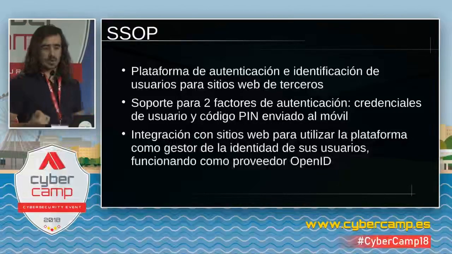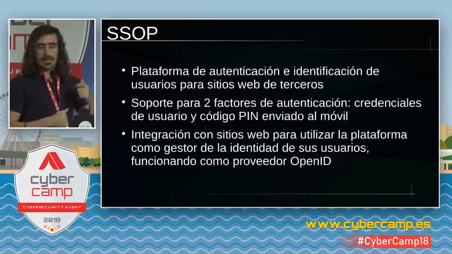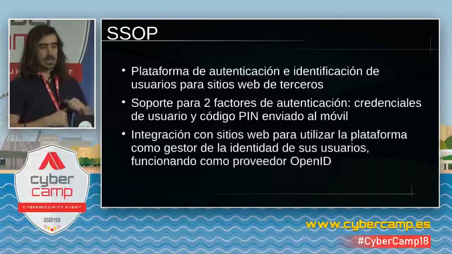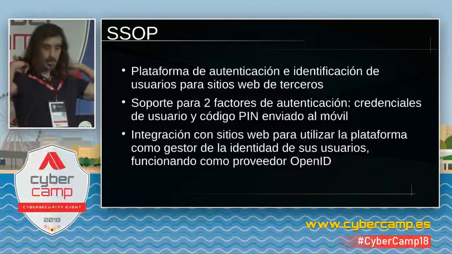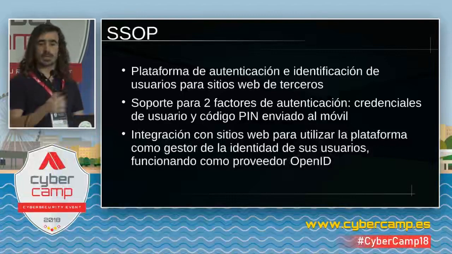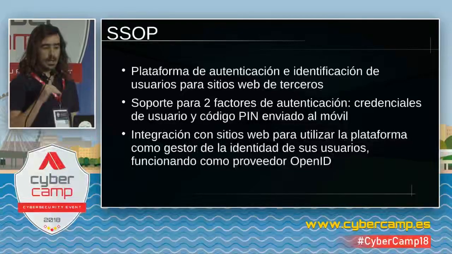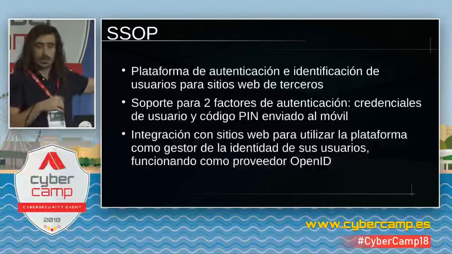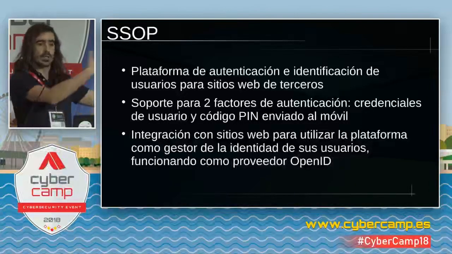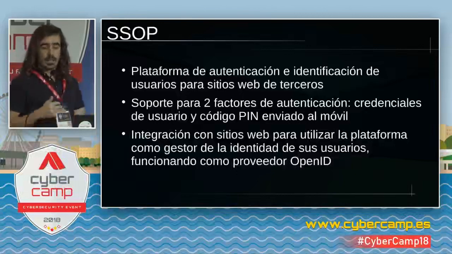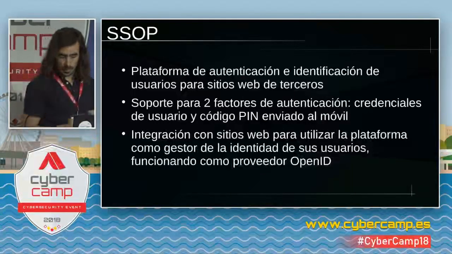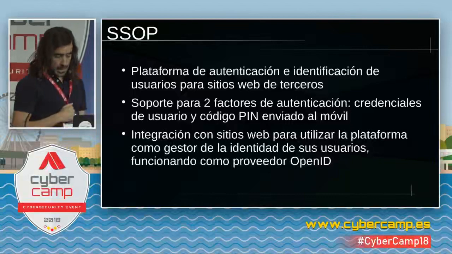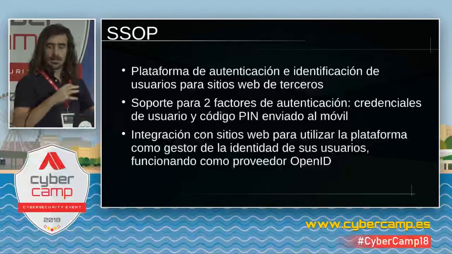So what did we do? Use the user credentials, username and password, and then as extra security, sending a PIN number to users so that they first register. Then websites that want to use our platform for users to authenticate would need to register with us as well, and then that would all be matched.